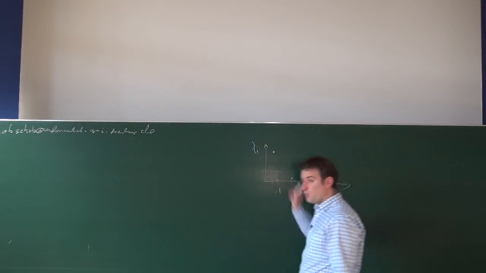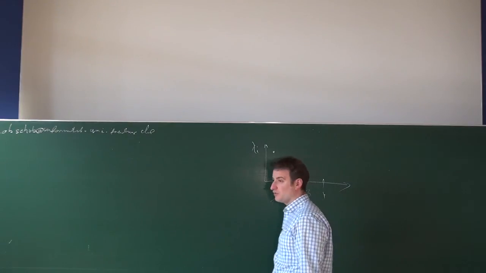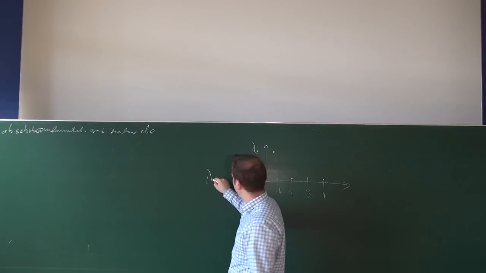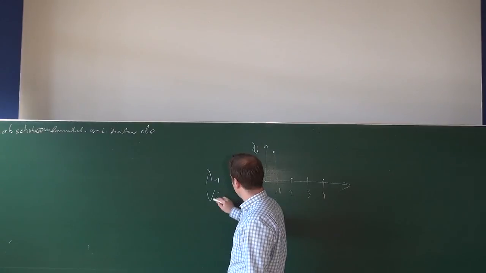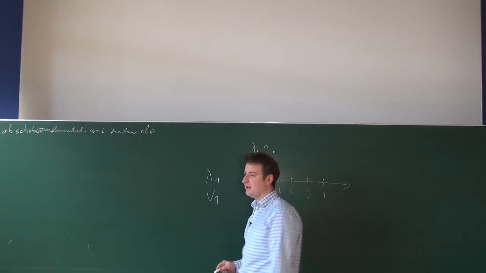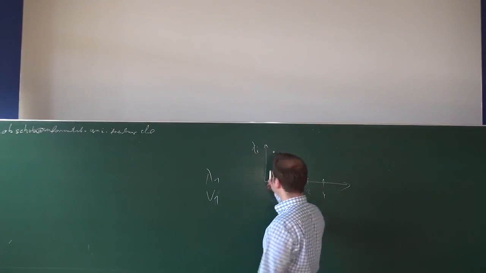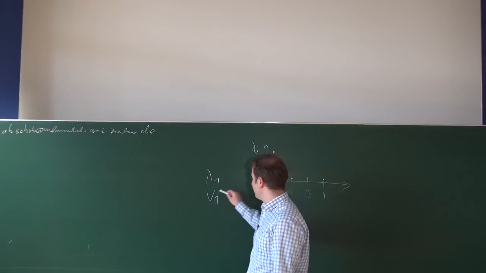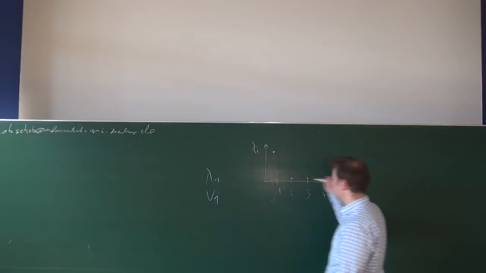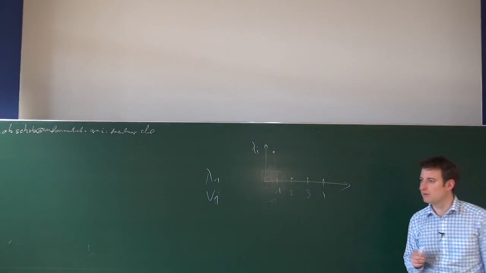Then there's the first solution, which corresponds to lambda 1, the indicator v1, which gives me the score lambda 1, the highest score I get. This is the best solution that I have, and all other solutions are much worse in performance.